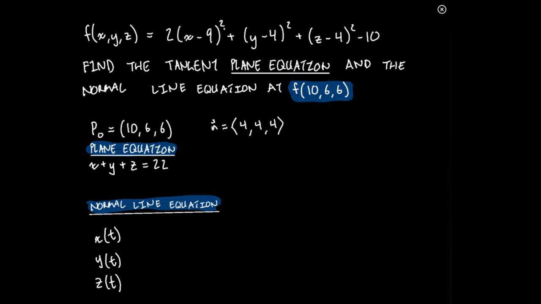These are all just your functions for the points along the line. So if you recall from the previous video, x of t is going to end up being 4 times t plus 10, and 4 times t plus 6, and 4 times t plus 6 for z.